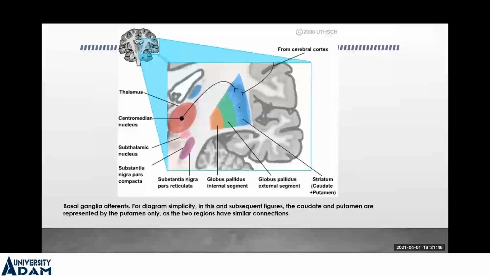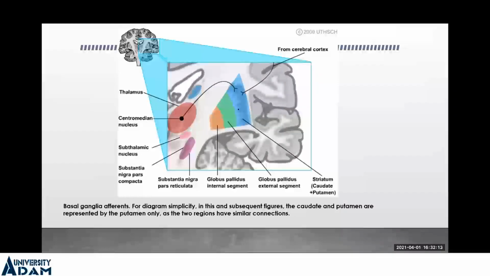So guys, these afferents have an excitatory effect, okay? And projections from these different cortical areas are segregated, okay? So for example, parietal and occipital lobes project to the caudate body.